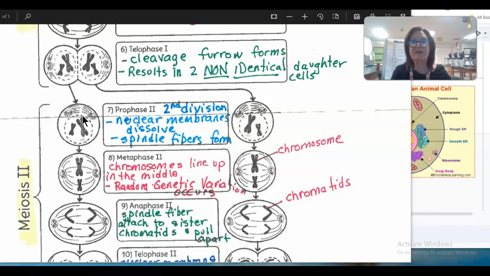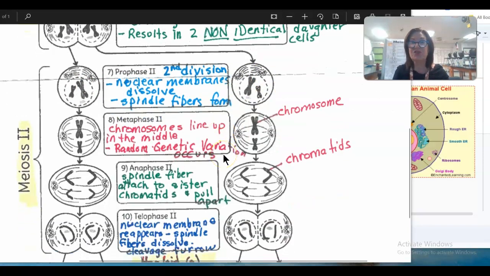So in prophase 2, and this is going to be closer resembling mitosis, my nuclear membranes are starting to dissolve. My spindle fibers are going to form in both of those cells, right? And then we go to metaphase 2.